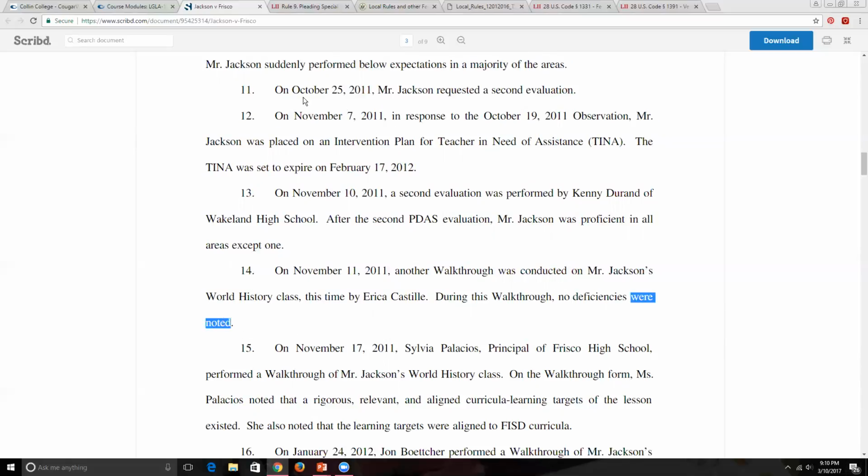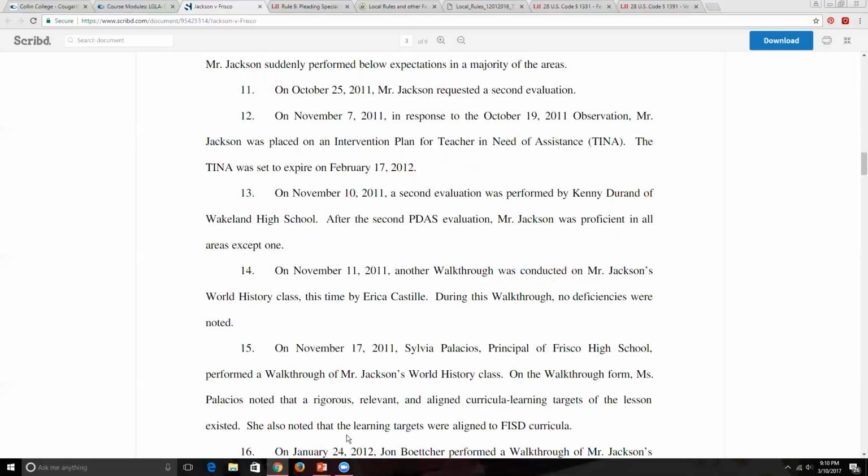So we were doing so well on passive voice, and suddenly starting paragraph 12, it's like we can't get away from it. On November 17, 2011, Sylvia Palacios, principal of Frisco High School, performed a walkthrough of Mr. Jackson's world history class. On the walkthrough form, Ms. Palacios noted that a rigorous, relevant, and aligned curricular learning targets of the lesson plan existed.